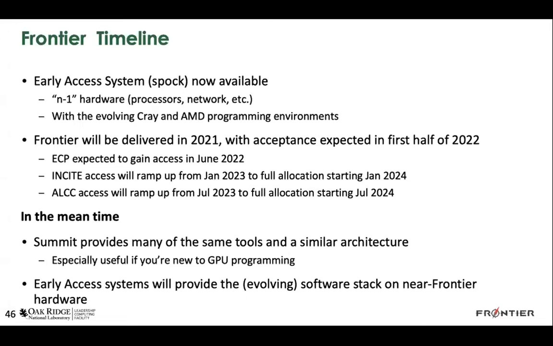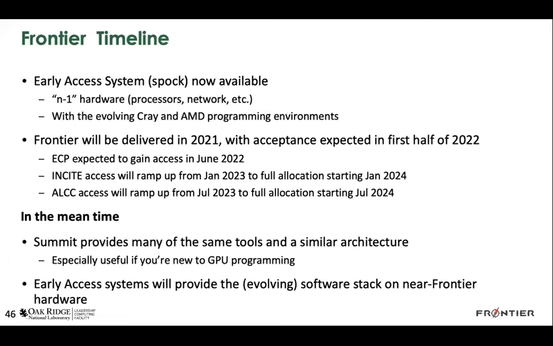So this was the Spock system, and Frontier will be delivered late 2021. And we will run acceptance on it for the first half of 2022, which basically targets the different subsystems and makes sure that it is meeting the requirements that were in the contract to AMD and HPE.